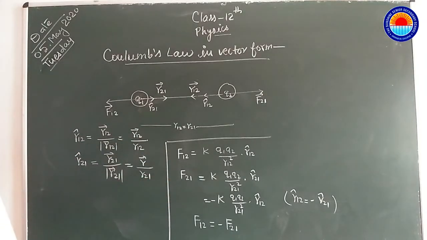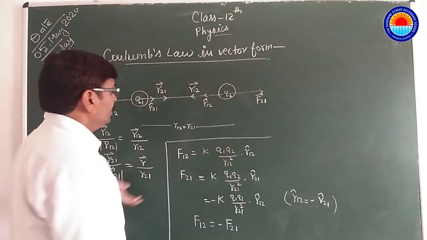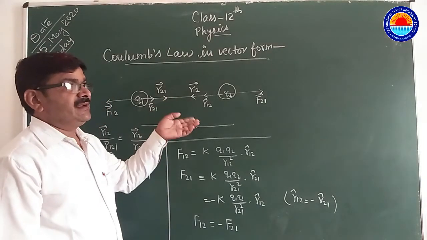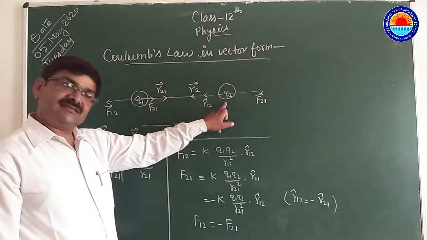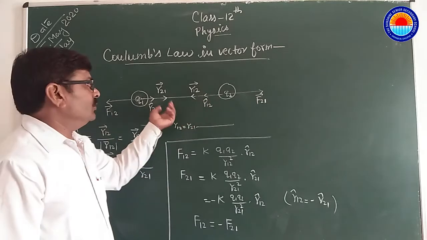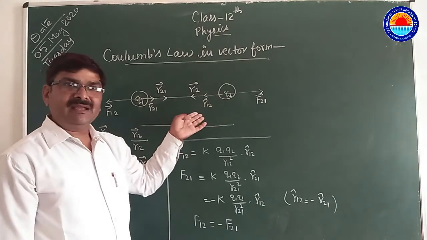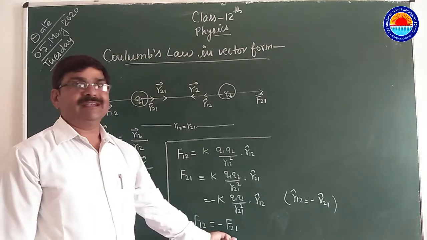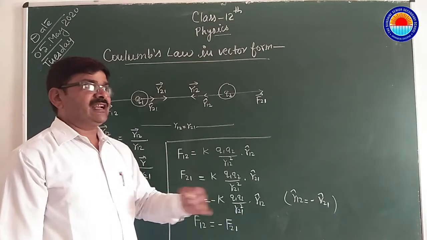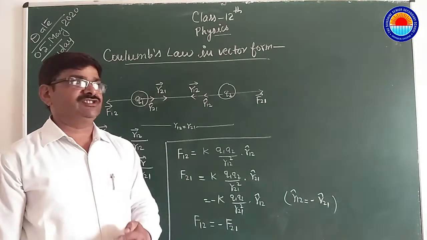After this, you may also study that when Q1 and Q2 are the same in sign, that means both are positive or both are negative, then forces are equal and opposite in direction, and the nature of the force is repulsive.